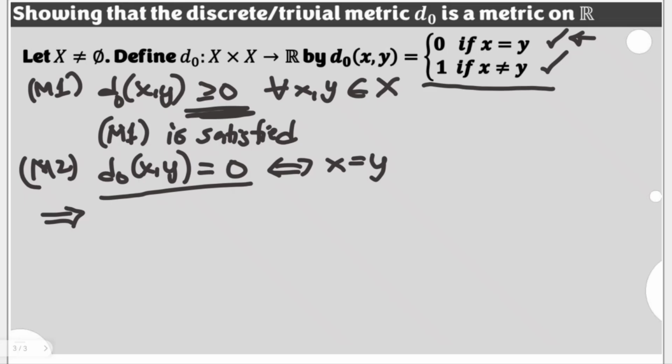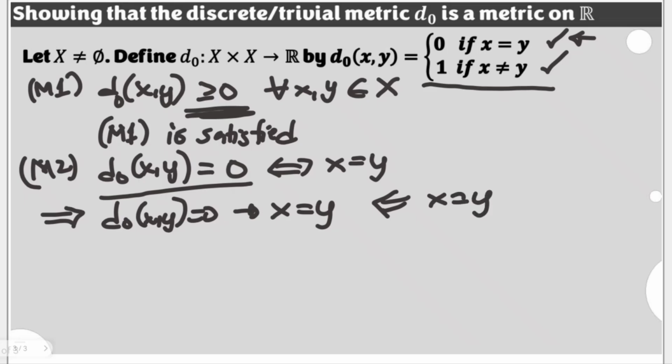That if the distance is equal to 0, it tells us that x is simply equal to y. Now for the opposite movement, we assume that x is equal to y, and we need to show that the distance is 0 between them. Same thing, it was also given in our definition. So if x is equal to y, the distance of x and y is automatically 0. So this is already satisfied by the definition itself.